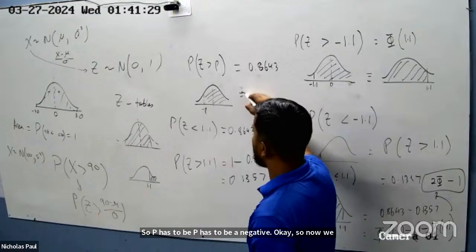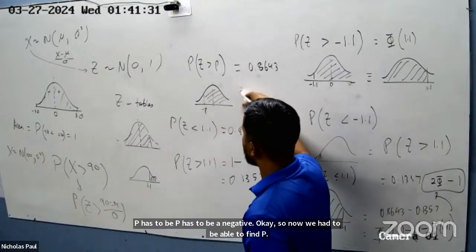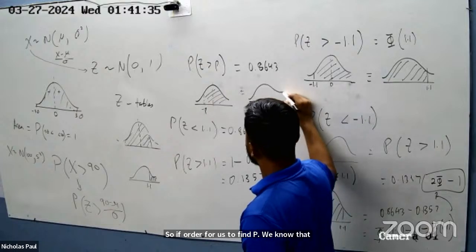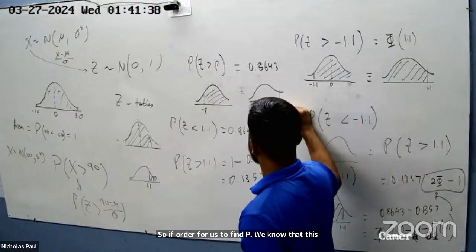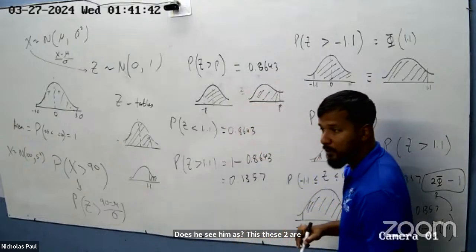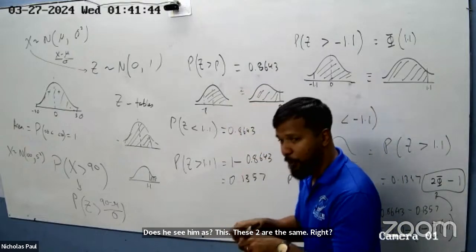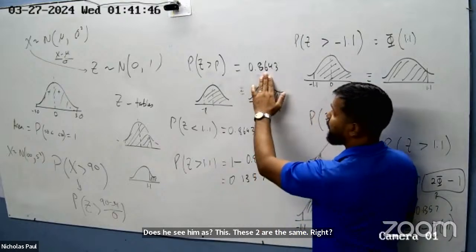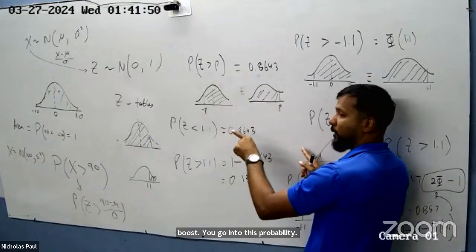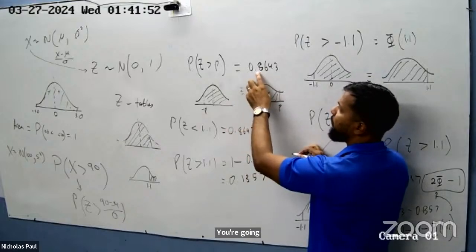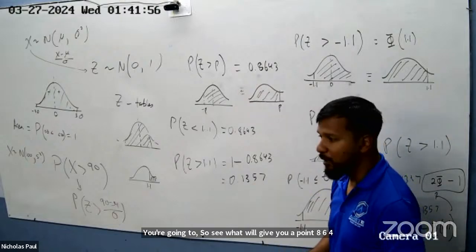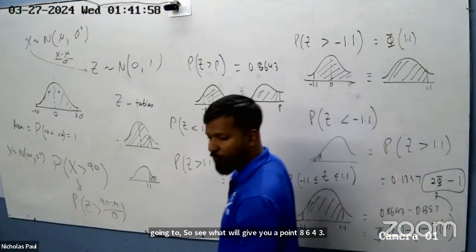Now we have to be able to find P. In order for us to find P, we know that this is the same as this. These two are the same. So now you're going to the table, but you're going in reverse. You're going to the table itself, and then going backwards.